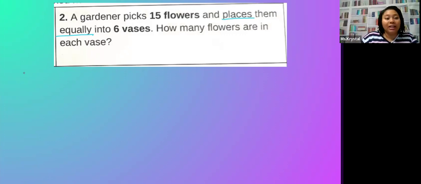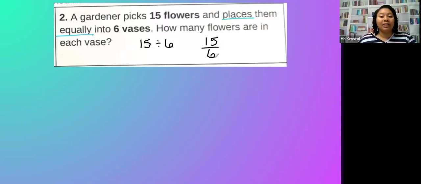All right, so we're going to say 15 is going to be cut up into 6 groups, right? So it's really saying 15 divided by 6. And the way we write that as a fraction is 15 over 6.